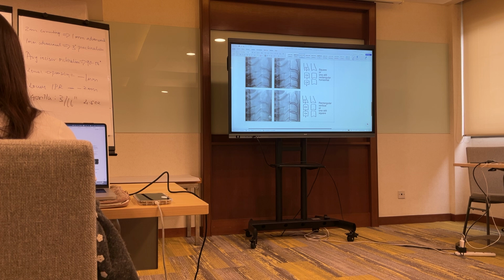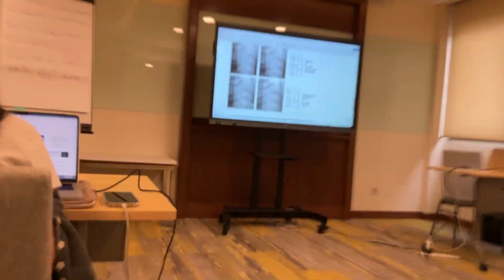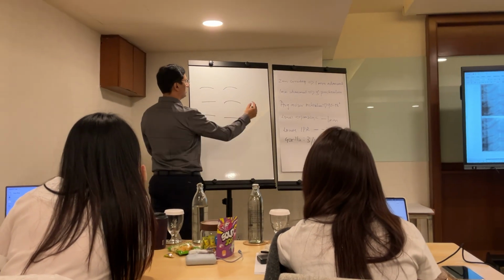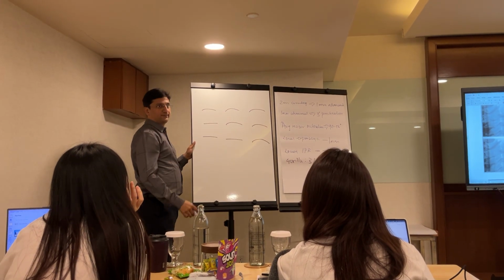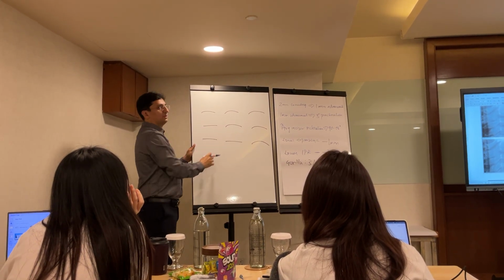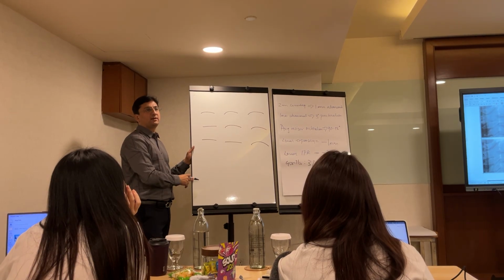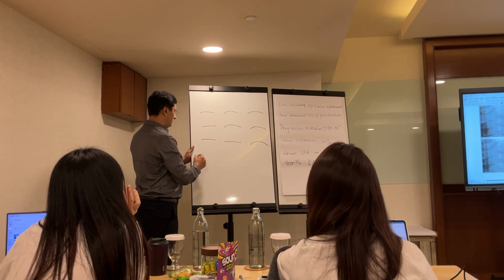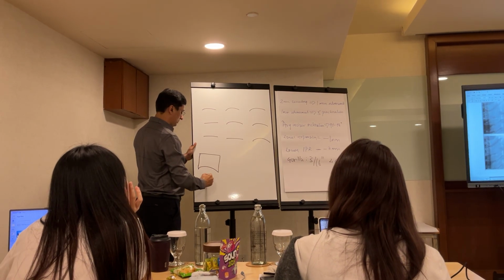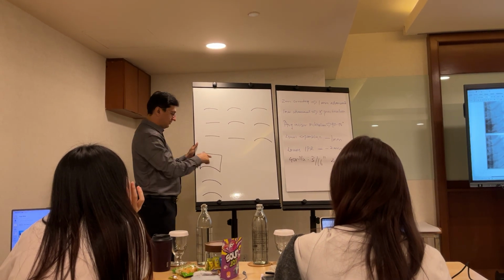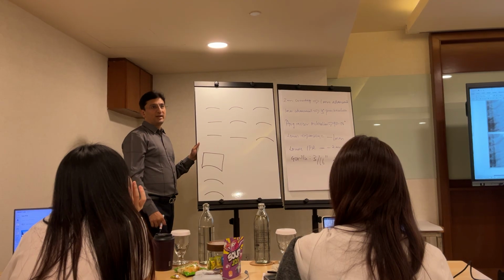You have one curve, nothing here, nothing here. Stage 1. One curve, 2 curves, stage 2. One curve, 2 curves, 3 curves, stage 3. Till now, the shape of the vertebrae will be like a rectangle. Here it starts becoming like a square. Okay? One curve, 2 curves, 3 curves, but the shape is like a square.